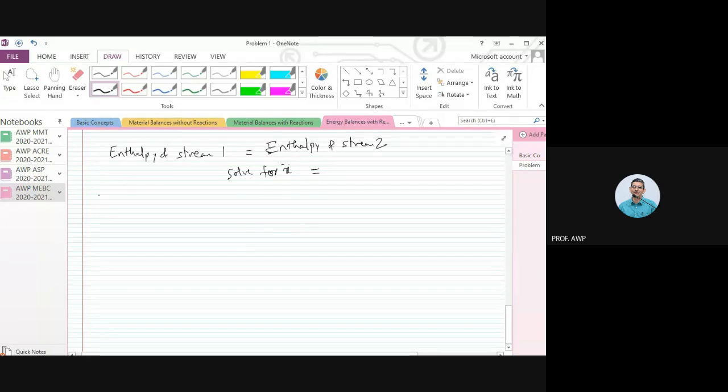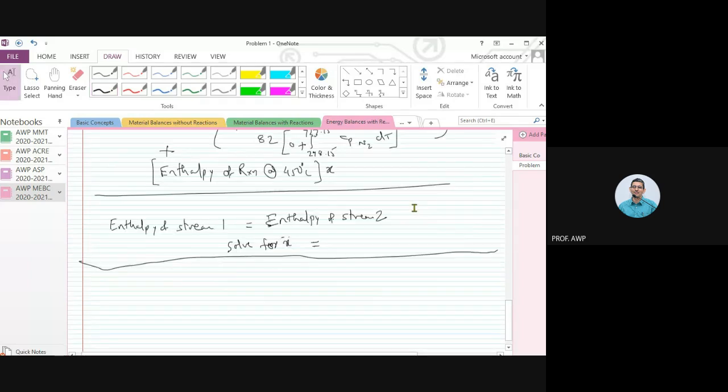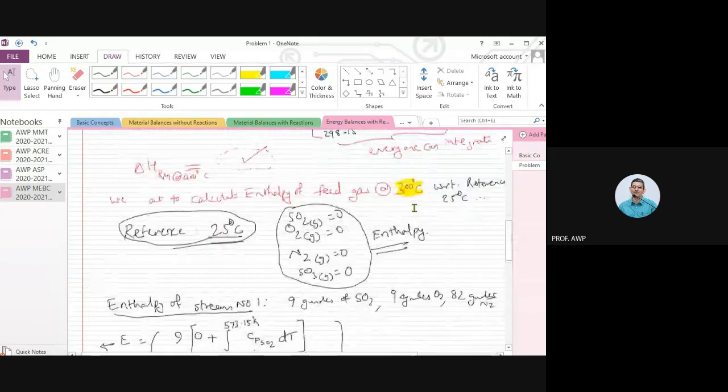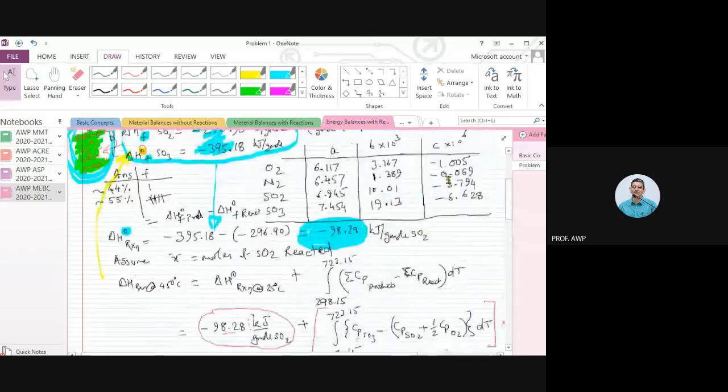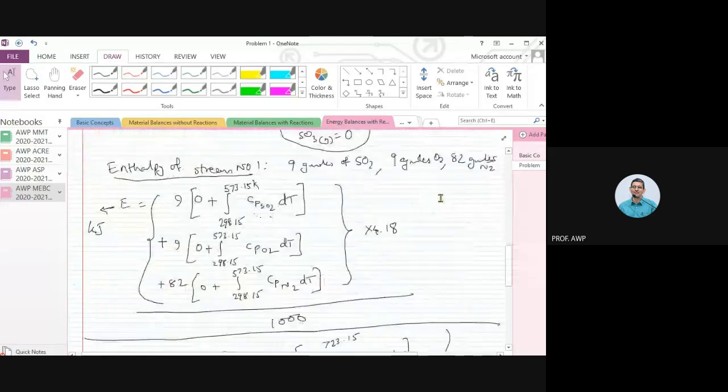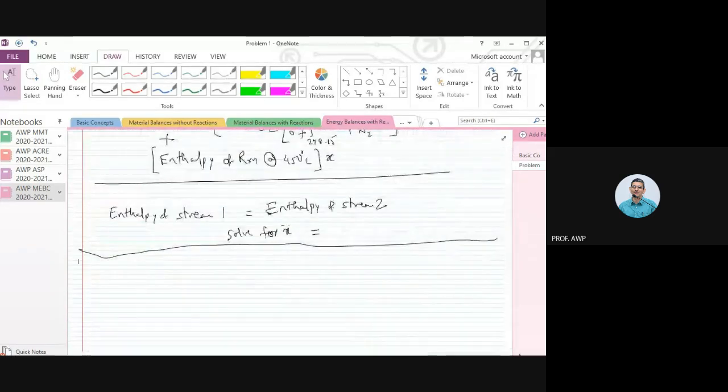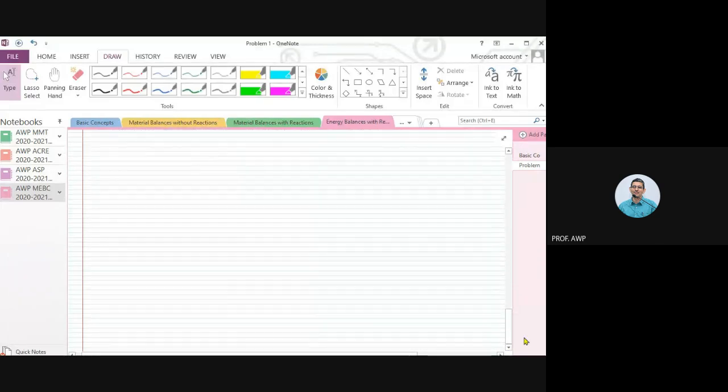Fine. If you have understood what Atharva says and you want to do it by Atharva's method, that is fine. Let me show you one more way of thinking about this problem. So let us not try to calculate anything at all.